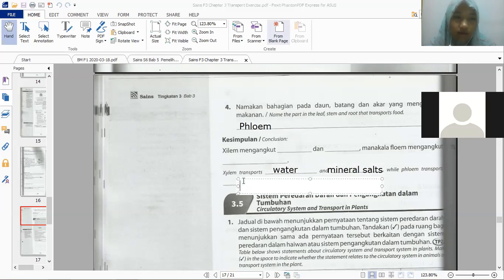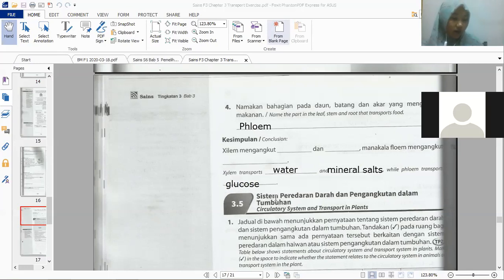Okay, correct. Yes, this is the product of photosynthesis. Okay, water is the substance that needed for the photosynthesis, while glucose is the product. Okay, apa yang dihasilkan after the photosynthesis.